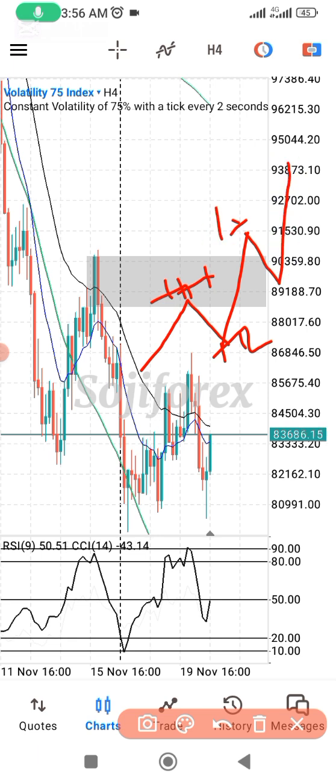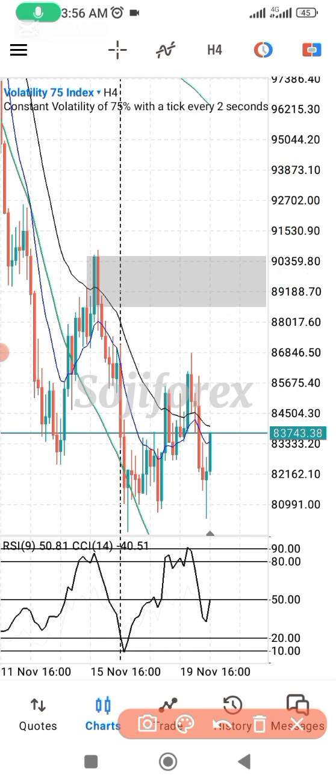So here will become our new higher high, and here is our higher low. So price will come down again and move to the upside, and it will take the liquidity of this side. So price is not permitted to take the liquidity of the higher low as far as it is an uptrend. Once that happens, it becomes a break of structure.